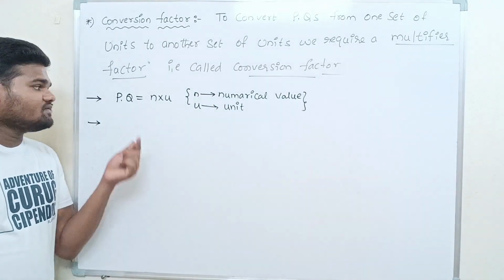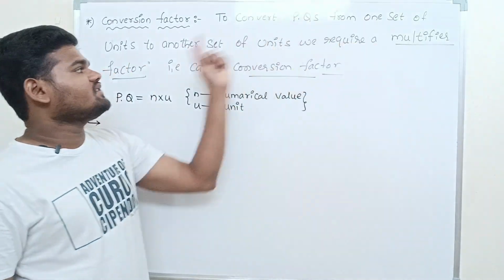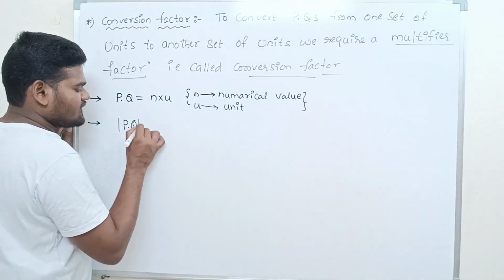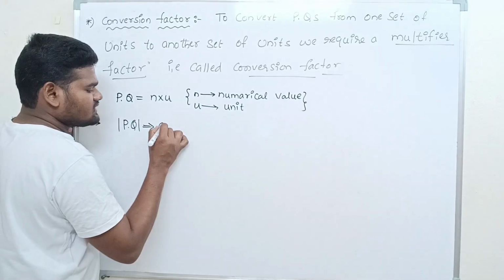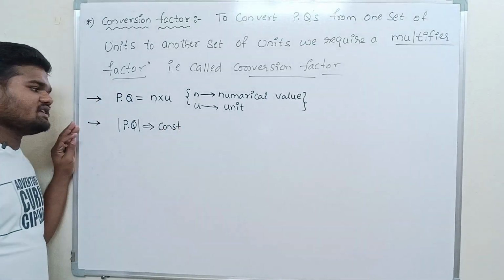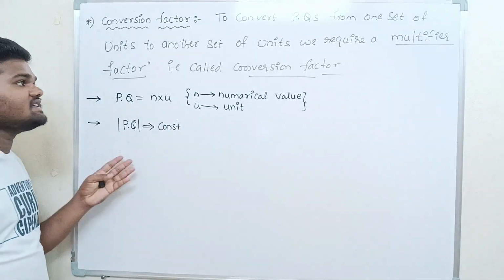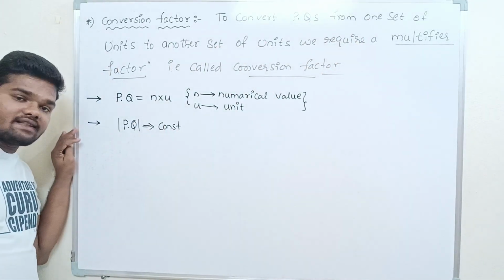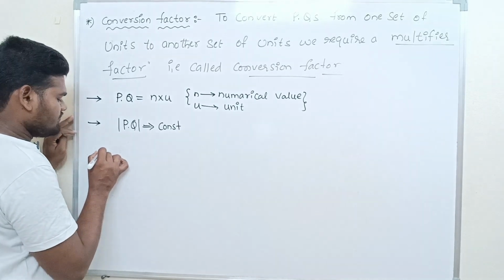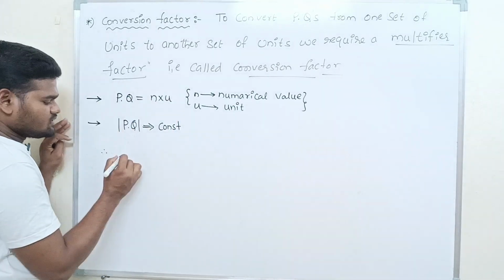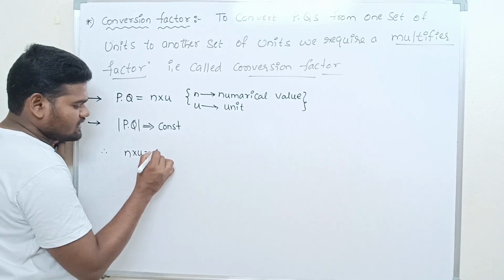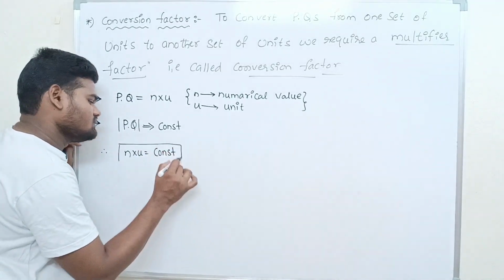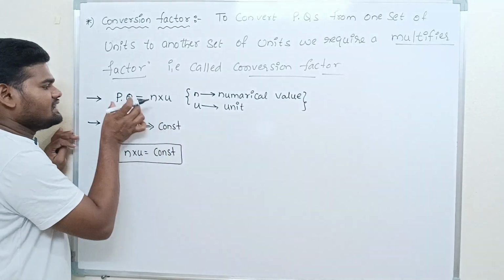When we are changing a physical quantity from one set of units to another set of units, the magnitude of the physical quantity remains constant.